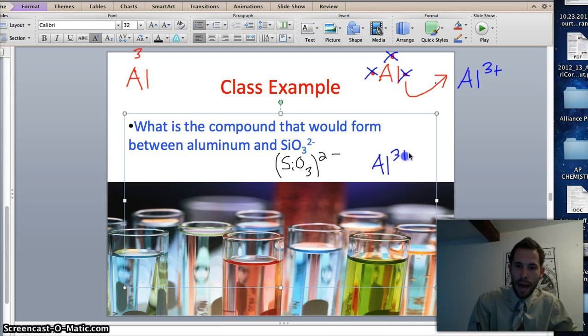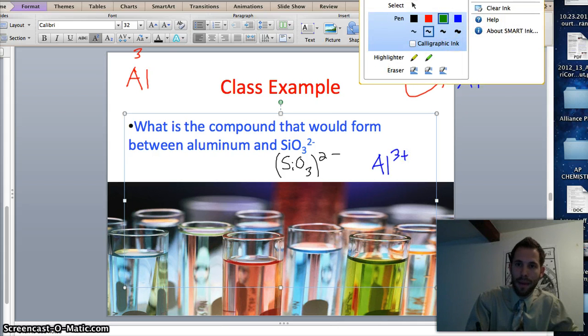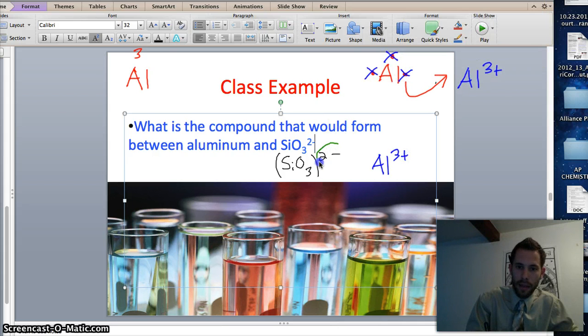We're going to use our patented drop and flip method. So this guy right here is dropping and flipping. This guy right here is dropping and flipping. And what do you get? Well, you always start off with the metal first, so it would be Al(SiO3).